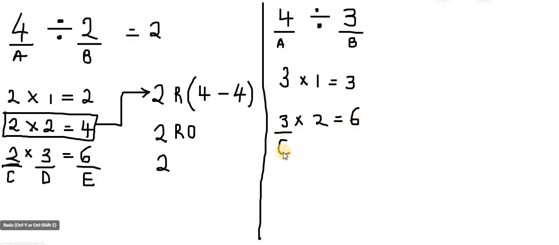This is our C column, this is our D column, and this is our E column. Now we have to find a line that has an answer equal to 4.